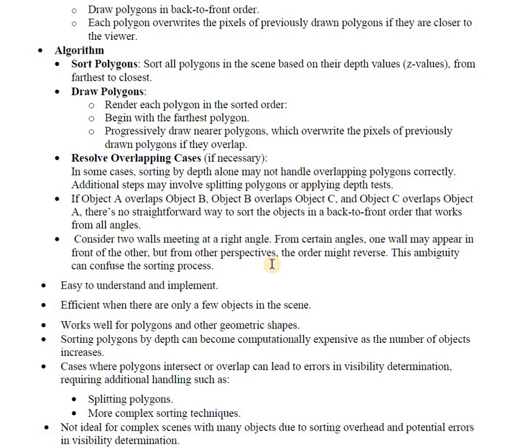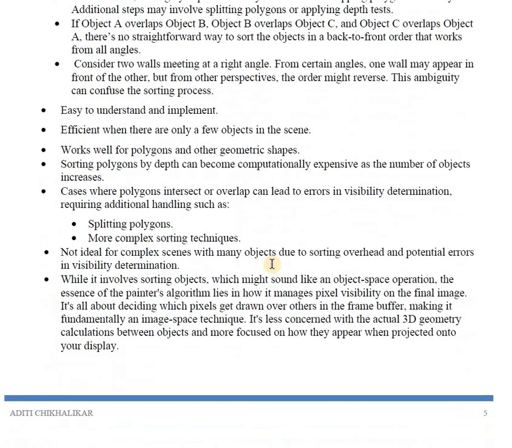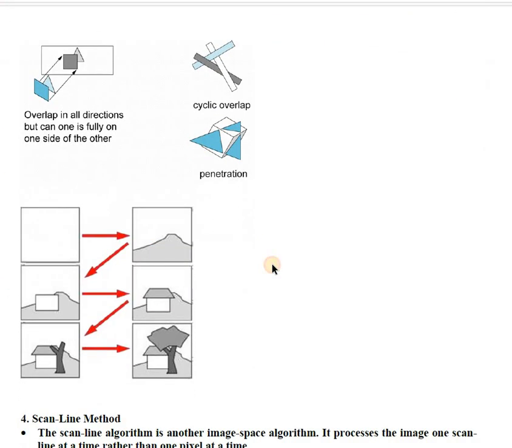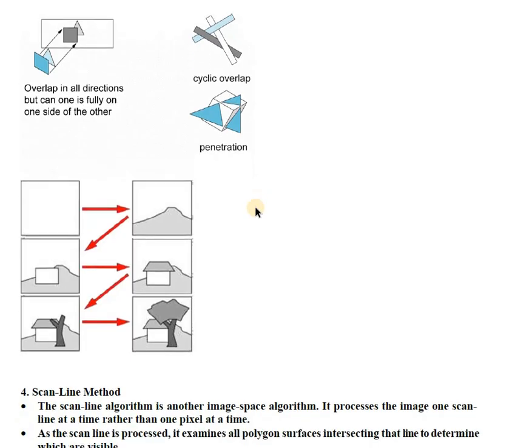So you need to look at from different angles how the objects are going to overlap, especially if there is a case of cyclic overlapping. Again, advantages, disadvantages, I leave it up to you to read. I have given you the example of cyclic overlapping and penetration. These are the problematic cases in Painter's algorithm.